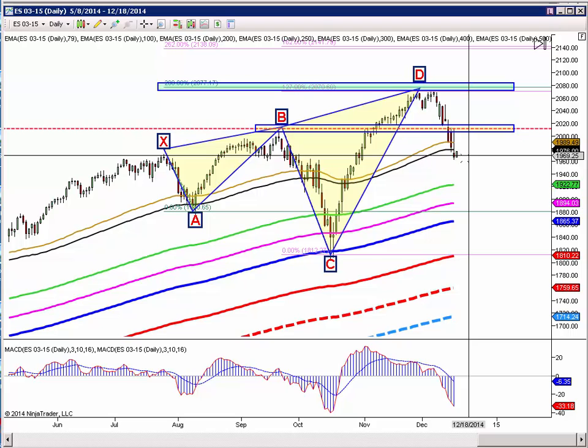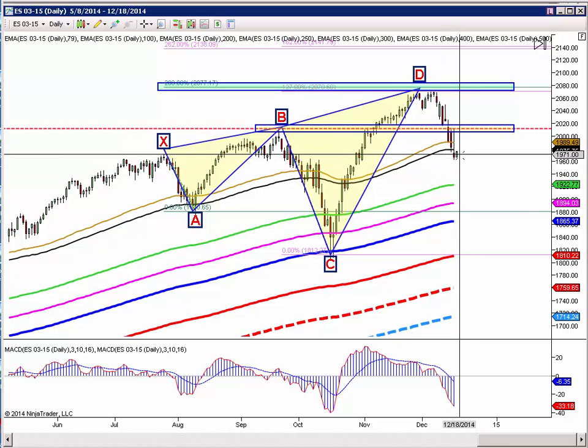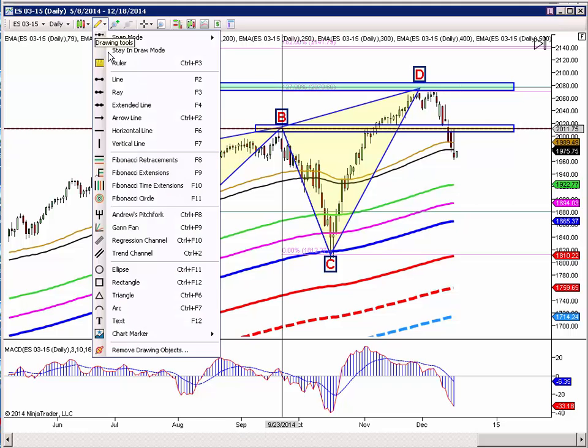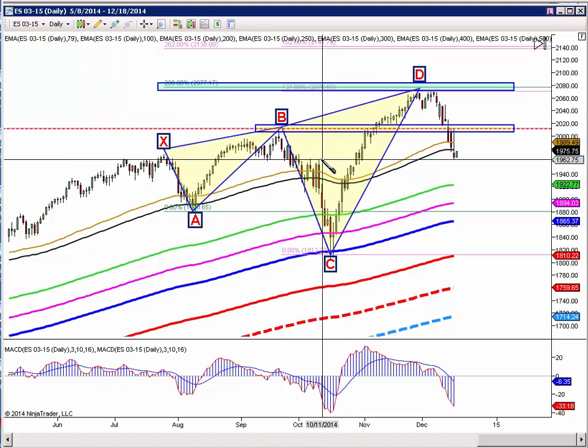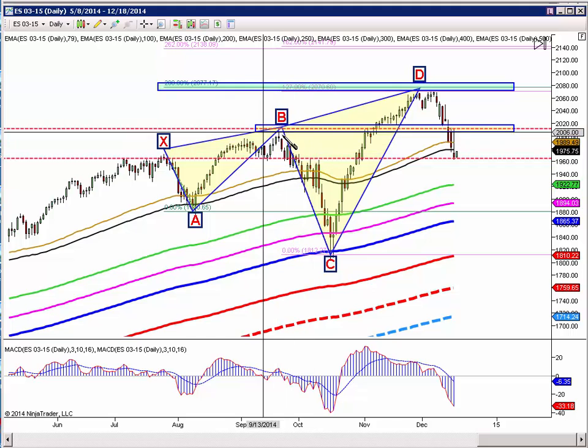What we're going to look at now is any push down going forward will set up a buying opportunity, and we're going to get into that in the other charts. But let's just define a couple of other areas. So we have this right here, as you see. That's a swing high, a bunch of little swing highs, the low of this range, and you've got the high of this range.